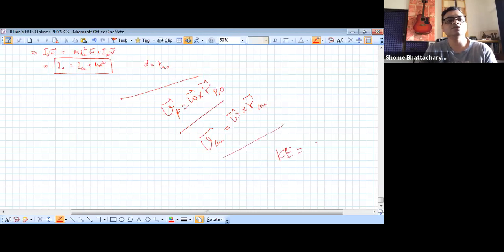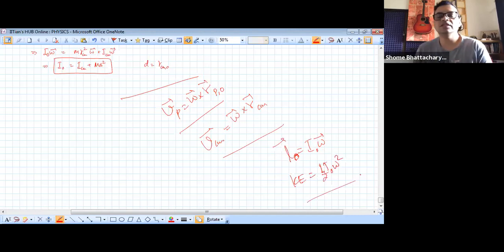We didn't really make use of angular momentum, but in other problems you can make use of angular momentum also. This is angular momentum about that particular axis. Here we made use of the kinetic energy. So these are the various ways in which we make use of the instantaneous axis.